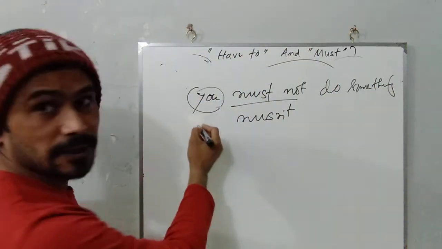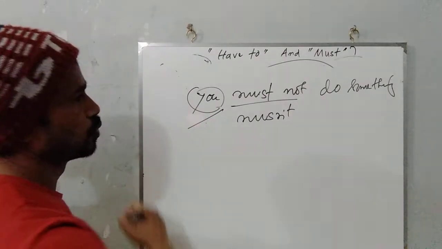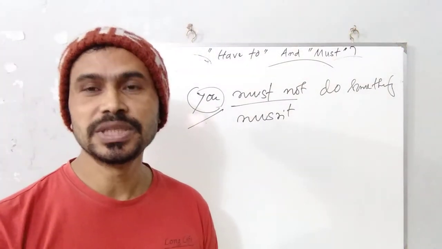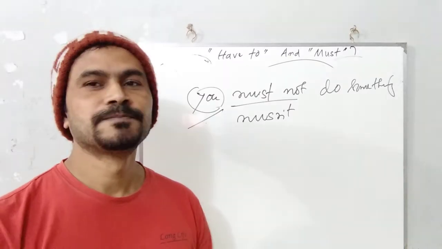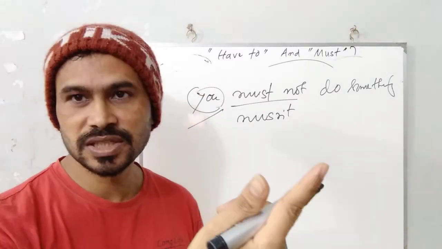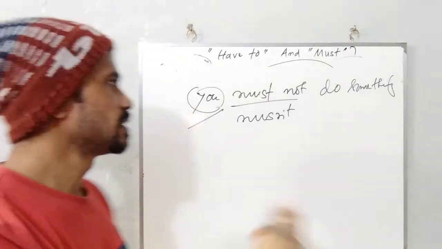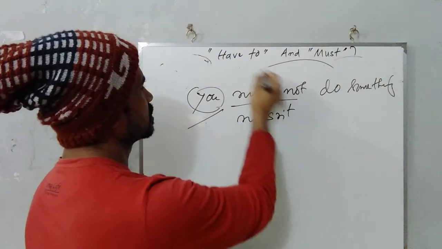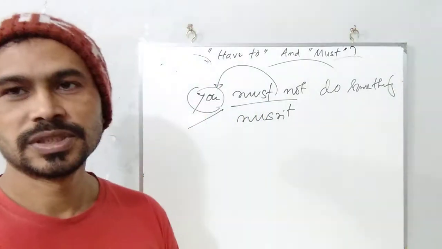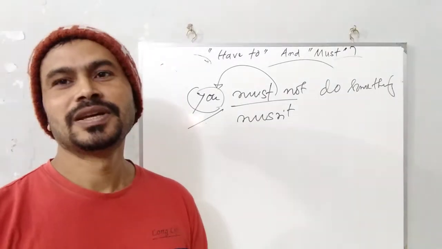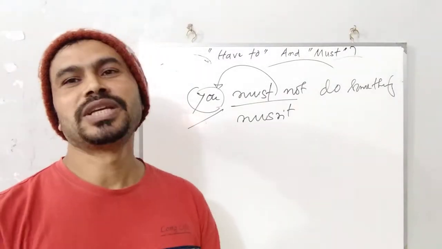Here you can see the subject you. I already told you must can be used for subjective obligation. You must not. So must not means subjective obligation, negative subjective obligation, or subjective negative obligations, we can say.